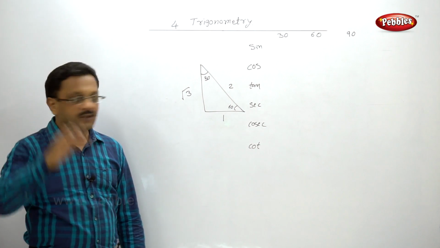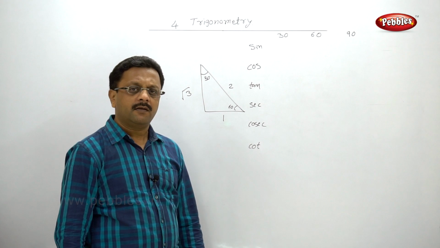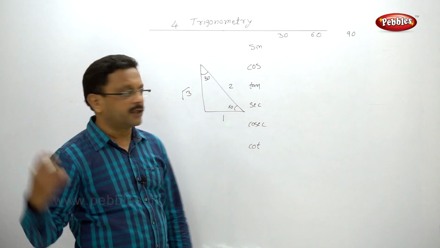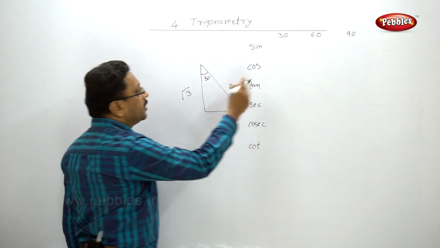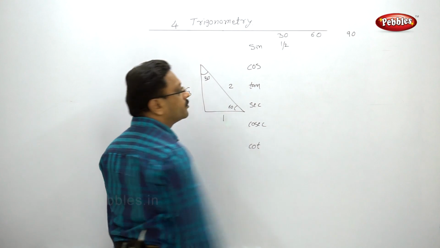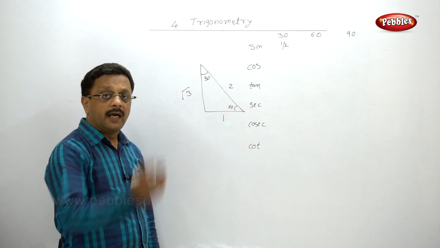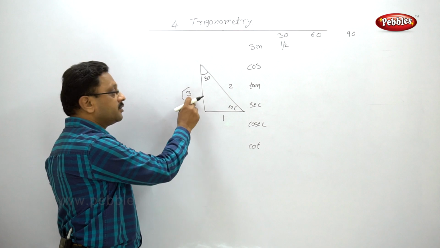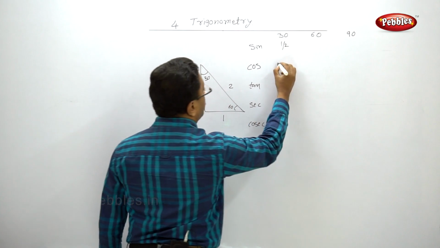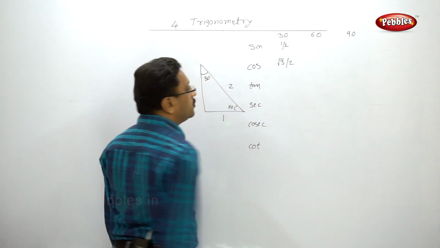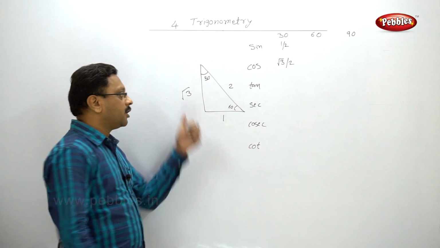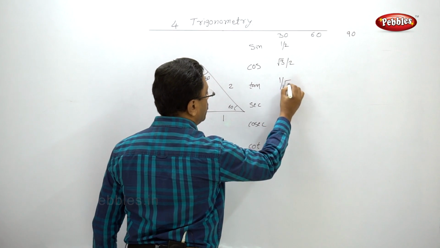First 30. What is sine? Opposite side upon hypotenuse, which is 1 by 2. What is cos? Adjacent side upon hypotenuse. Adjacent side is this, so it is root 3 upon 2. What is tan? Opposite side upon adjacent side is 1 upon root 3.